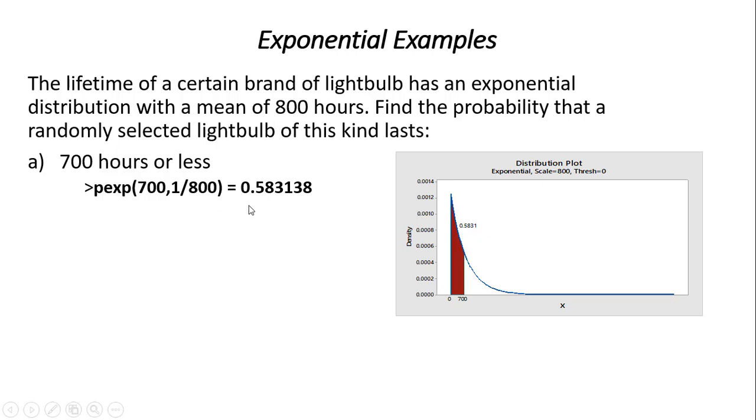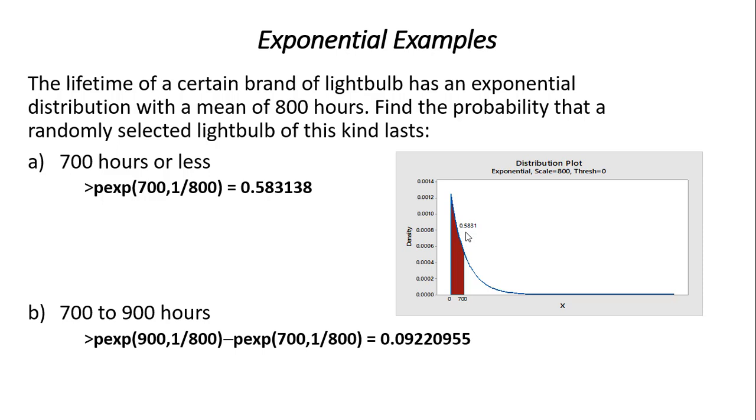This works out to be our probability, 0.583138. It's nice to visualize these probabilities, so I've included a distribution plot from Minitab. You can see here, this is a left side probability from 0 to 700, and you see the probability displayed over here, 0.5831.